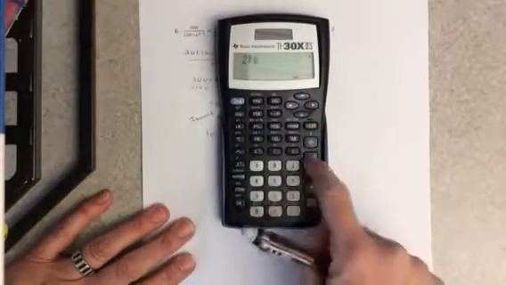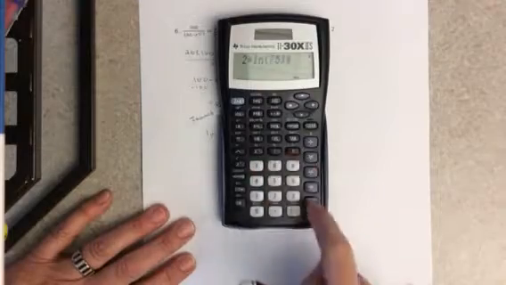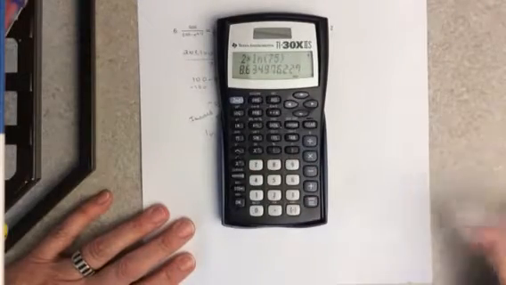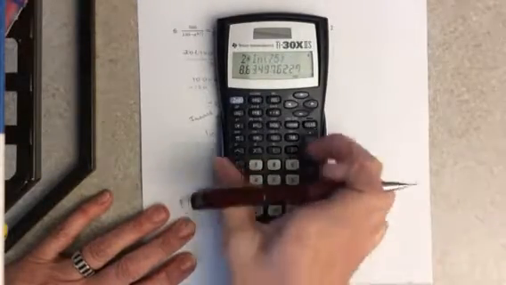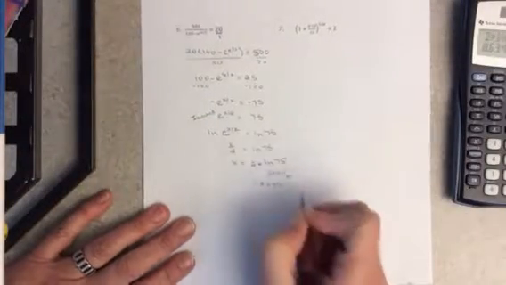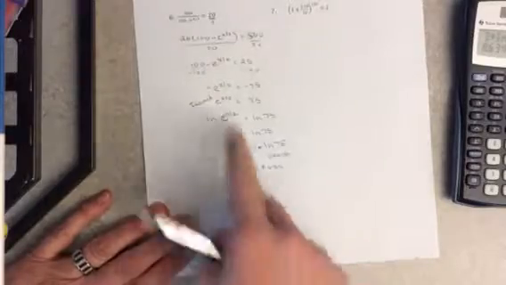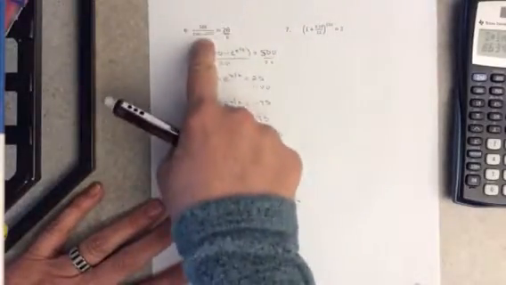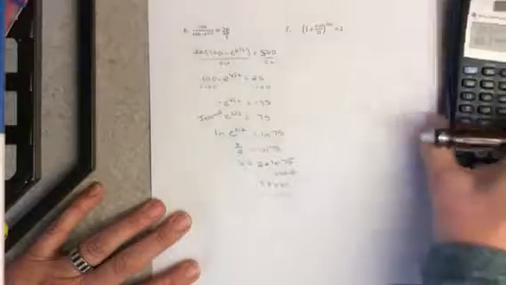But it's always good to get an approximate solution because you can check that. So my approximate solution is 8.635. And if I put that back into my original on the left-hand side, I want to make sure I get 20.